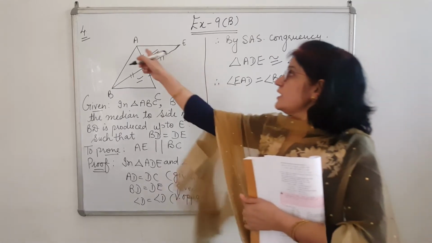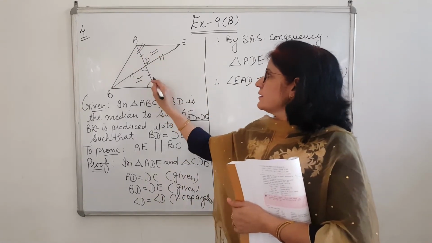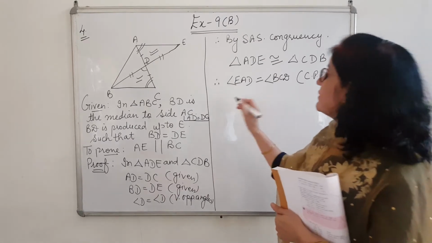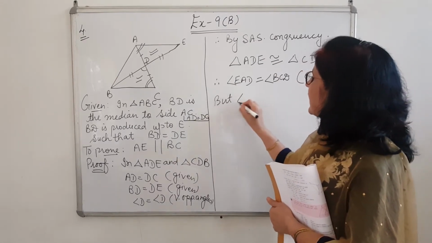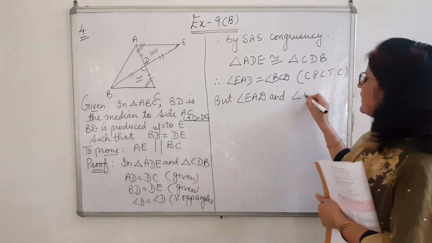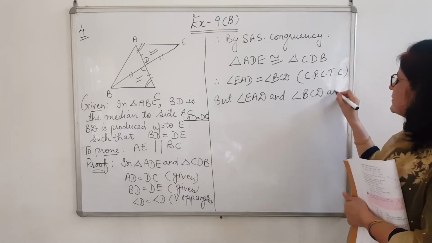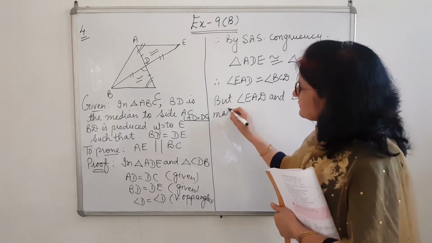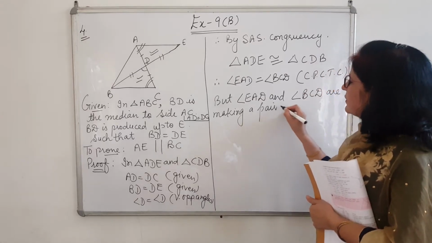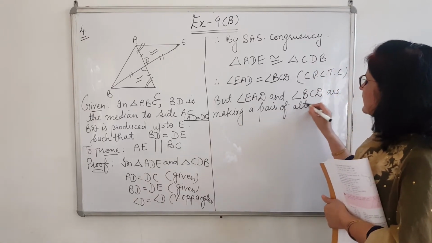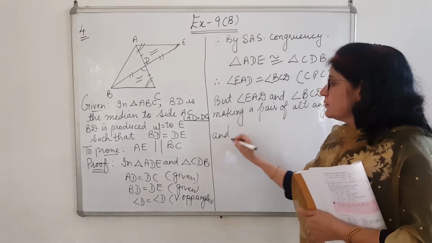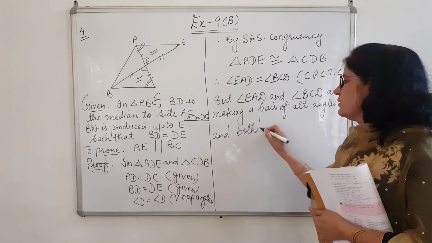But these two angles are making a pair of alternate angles, and both the angles are equal.